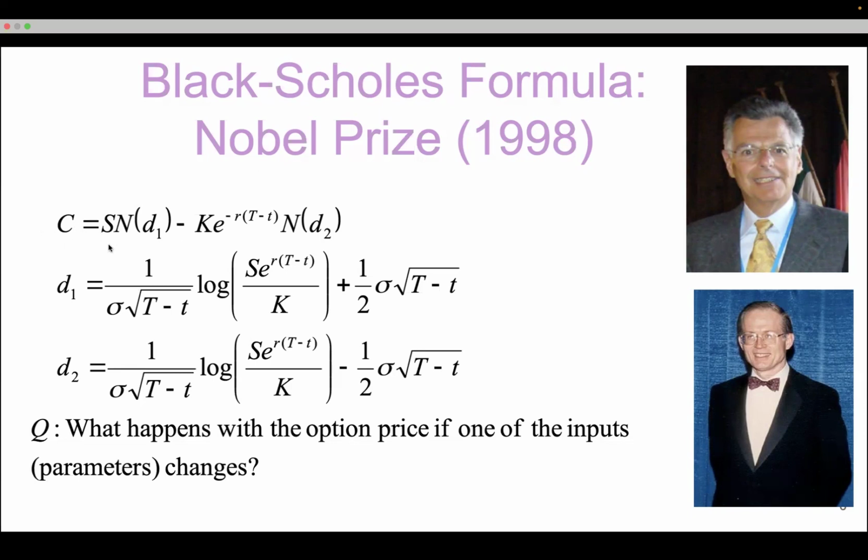In this formula, we have some parameters. What are these parameters? The first parameter is S, the stock price for today.